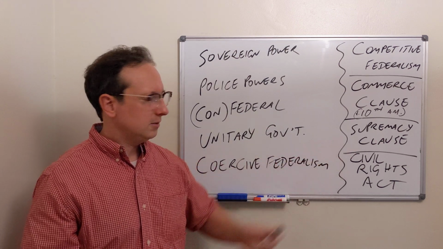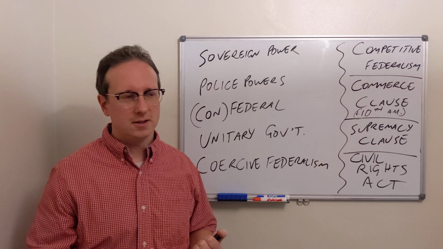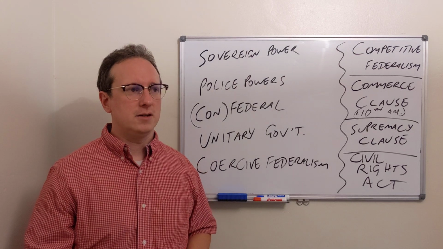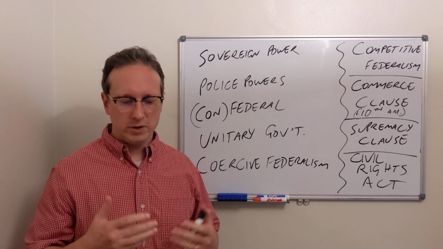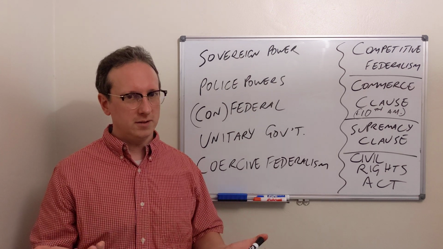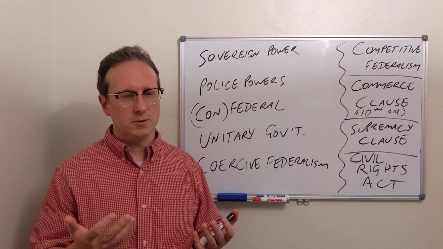The Supremacy Clause was something that was tested in a case called McCulloch versus Maryland, and it's from Article 1, Section 8 of the Constitution. The Supremacy Clause is simply that whenever there's a conflict between the federal government and the states, the federal government wins. And McCulloch versus Maryland is a great illustration of that. It was so clear.